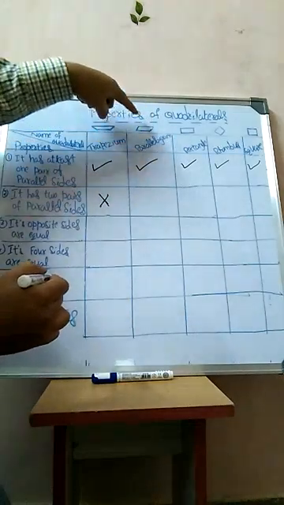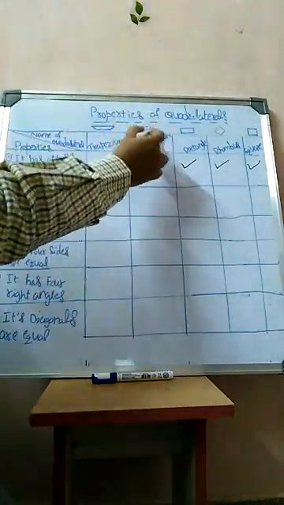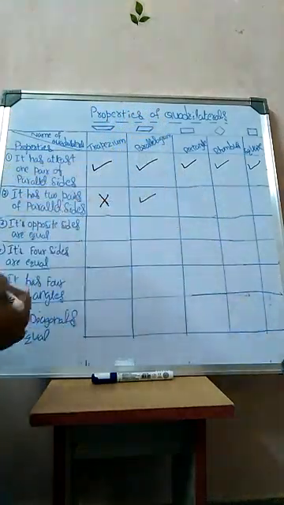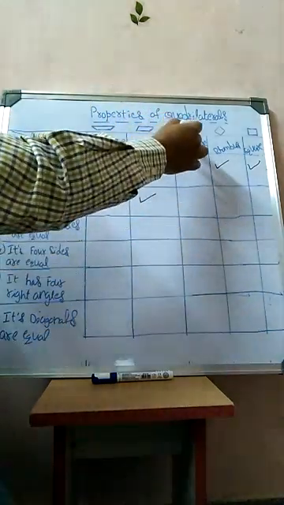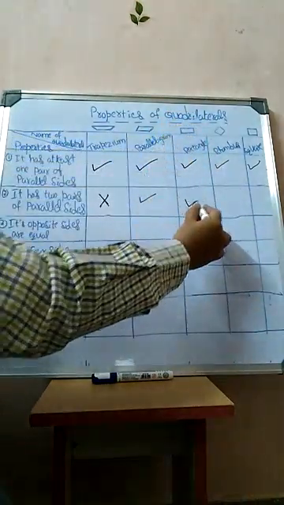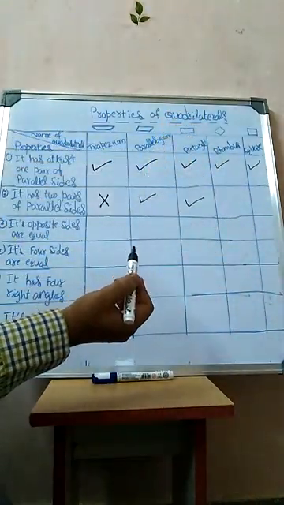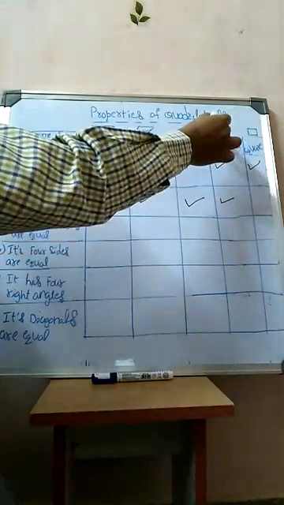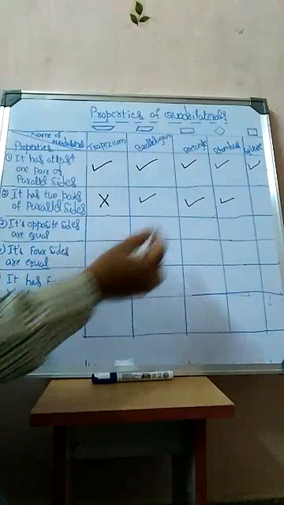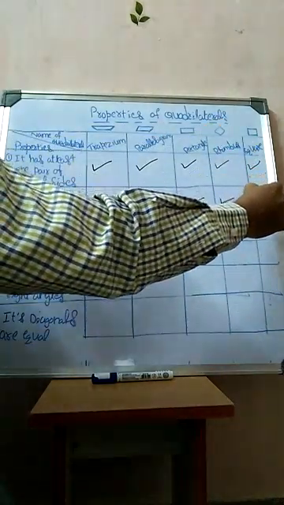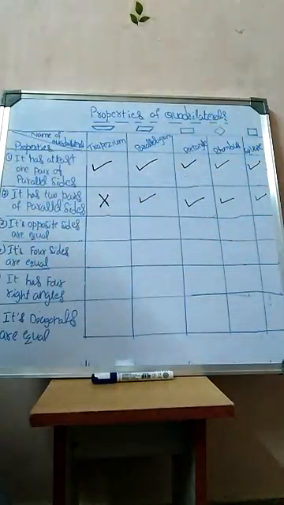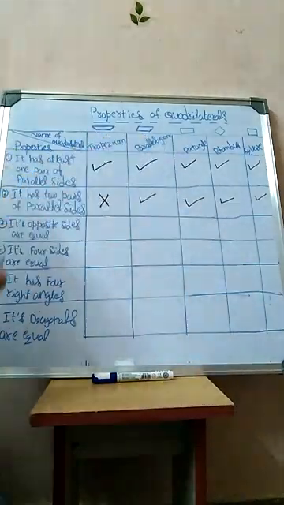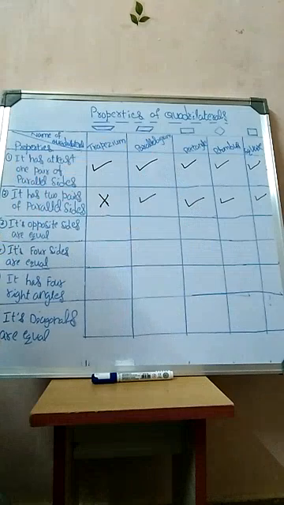Look, one pair, and one more pair. So put a tick. Rectangle. Yes, it has. Clearly it has two pairs of parallel sides. Rhombus also has two pairs of parallel sides. One pair, one more pair. And square also has two pairs of parallel sides. So except trapezium, all the remaining quadrilaterals satisfy the second property.